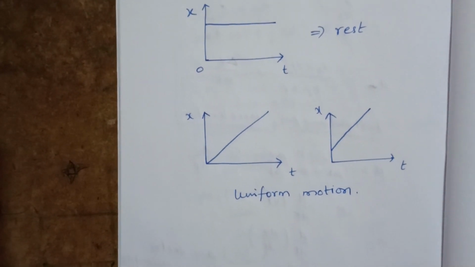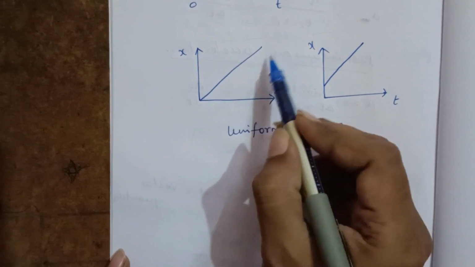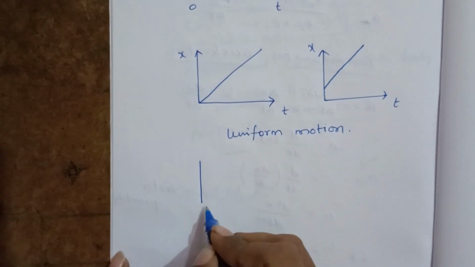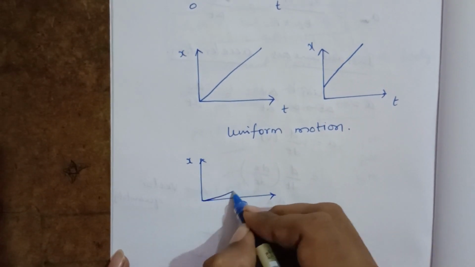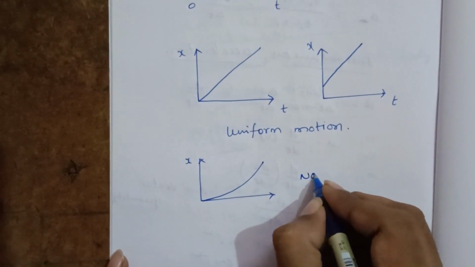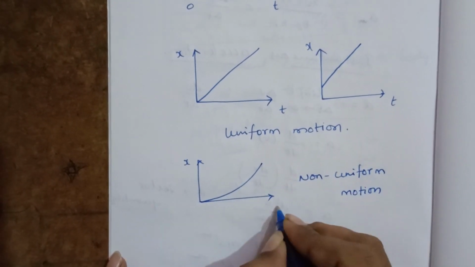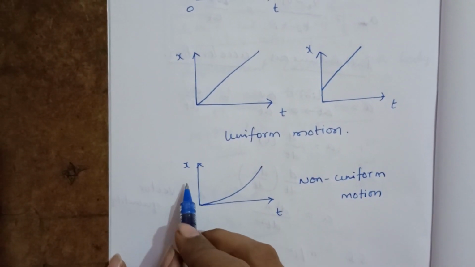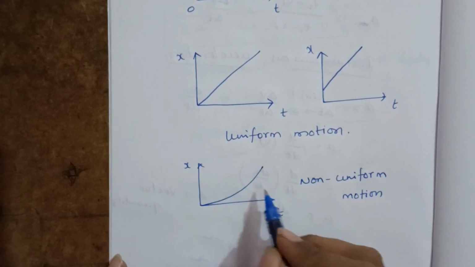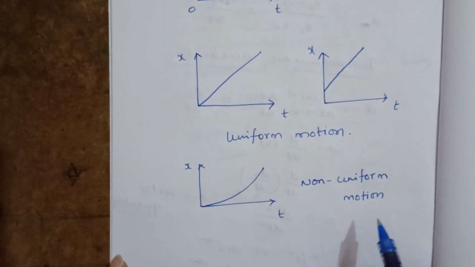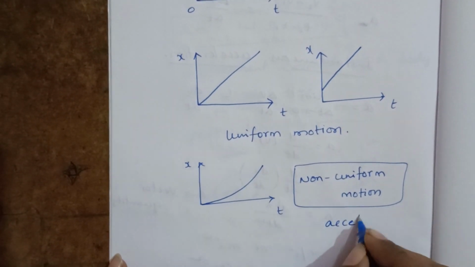It indicates that the body is moving with uniform motion. Now if it is not a straight line, it is non-uniform motion. Remember what axes we have taken: displacement or position against time. A curve is non-uniform motion. Whenever non-uniform motion is there, there will be an acceleration.